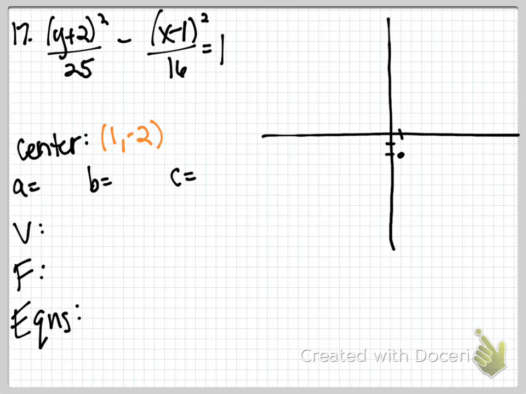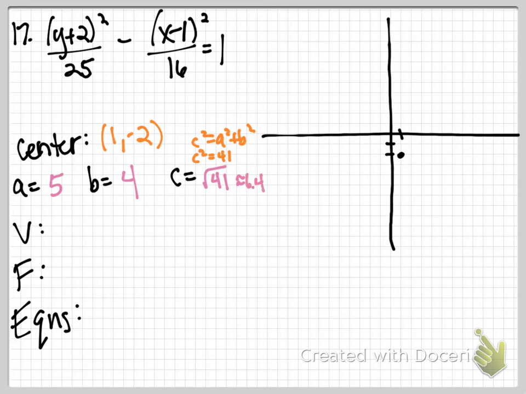For my vertices, I guess first we need to find A, B, and C. So A is 5, B is 4, and then remember I do C squared equals A squared plus B squared, so C equals square root of 41. For later when we need it, the square root of 41 is about 6.4.